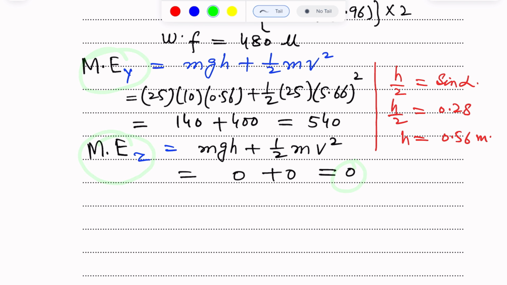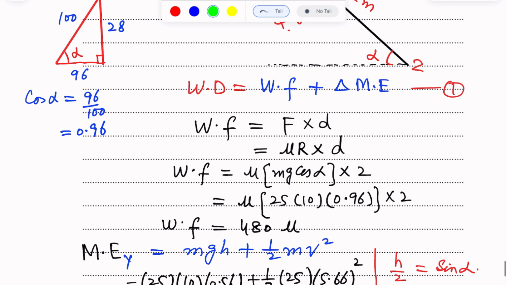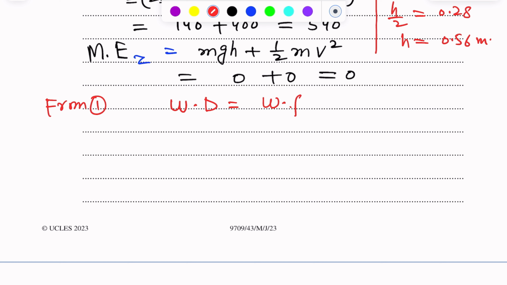The mechanical energy at Y is 540, and the work done against friction is 480 mu. We put these values in equation number 1. From equation number 1, work done by driving force is equal to work against friction plus change in mechanical energy.